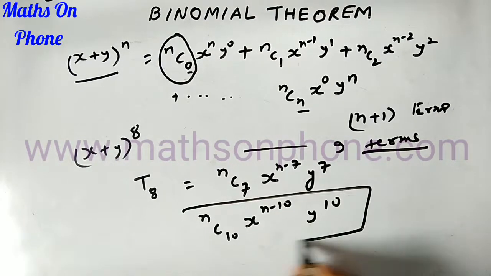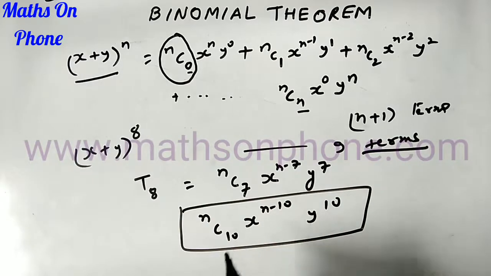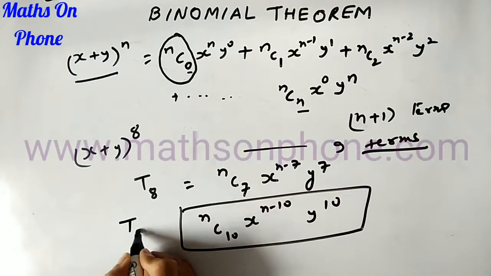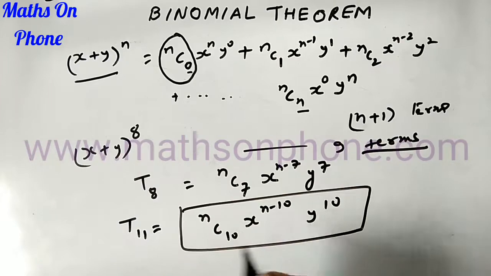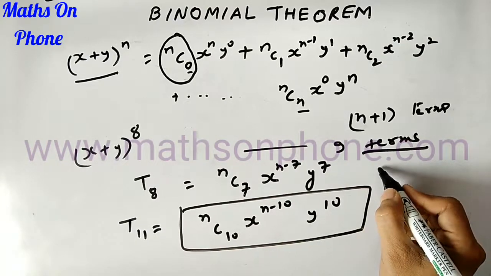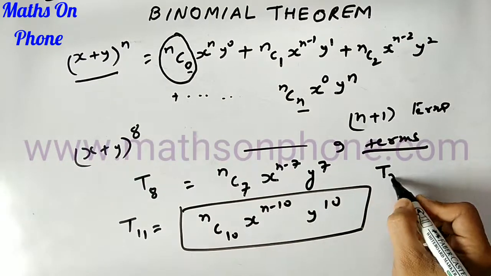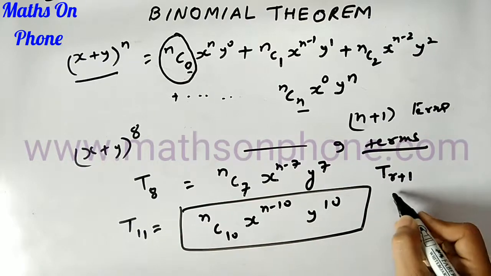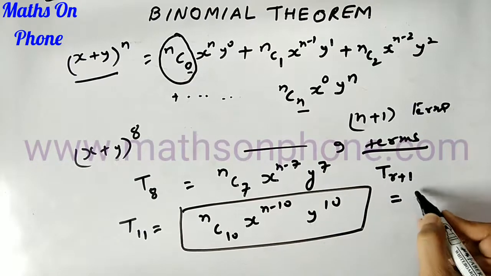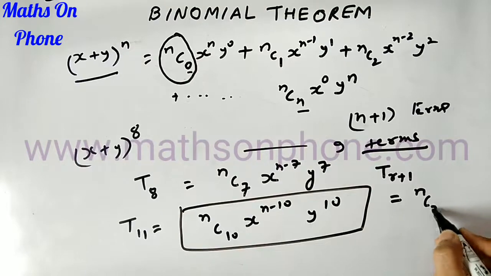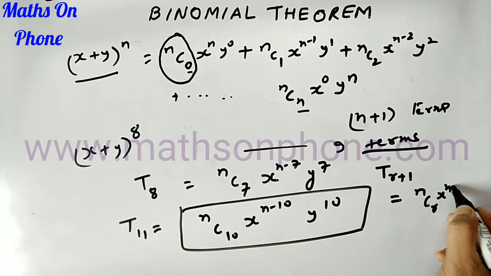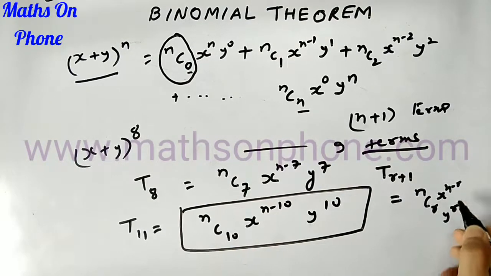Which term is this? Can you guess? It is 11th term. So what observation we are making? That the (r+1)th term, that is the general term, is written as nCr x^(n-r) y^r.